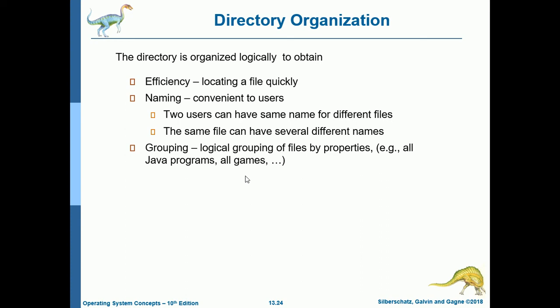Two users can have the same name for different files, as long as they are in different locations. And the same file can have several different names, because if you want copies you can put version 1, version 2, version 3, version N. And then we also have grouping, logical grouping of files by properties such as all Java programs or all games. So actually in my example, we have this grouping.